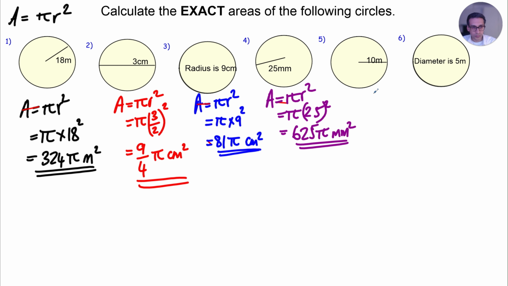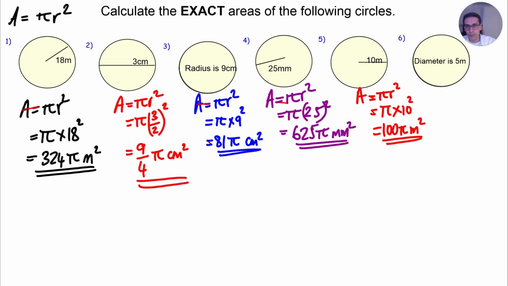Next one, area equals pi r squared. Let me try that again. The computer is glitching. Pi r squared, that's equal to pi times 10 squared, which is 100 pi meters squared.